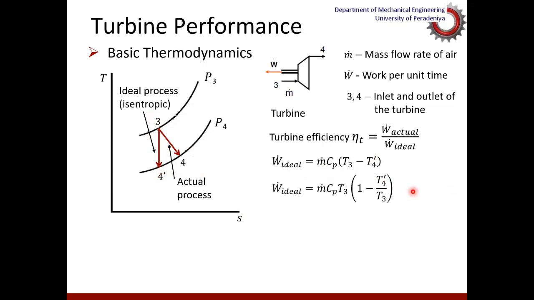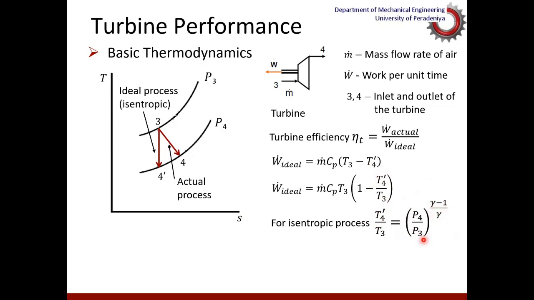And now if you take out T3 from this equation, then you get this temperature ratio here. And we are talking about an isentropic process. Therefore, this temperature could be related to the pressure ratio, as we looked at earlier.